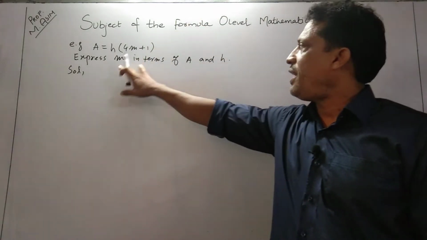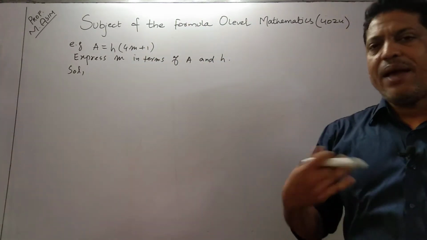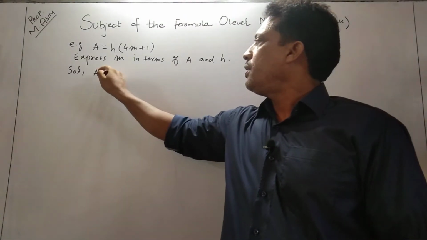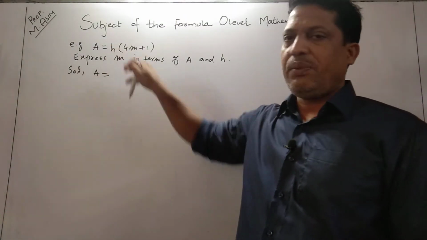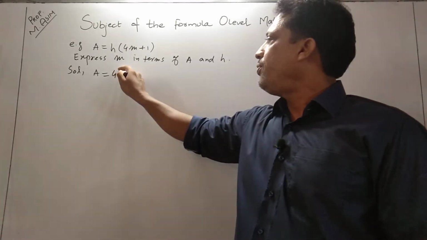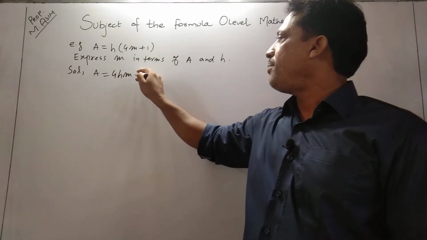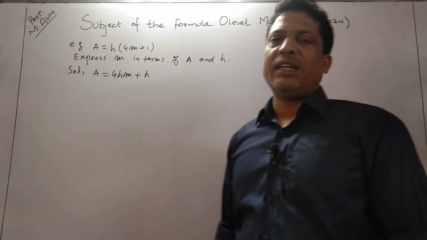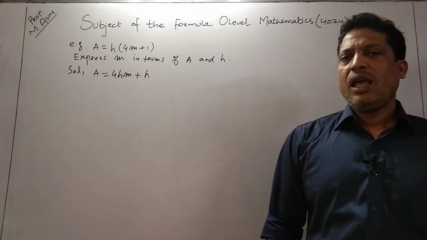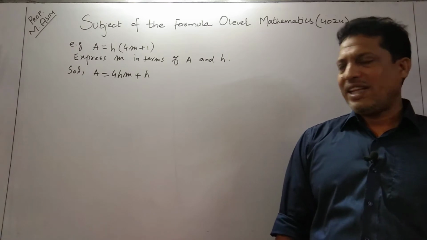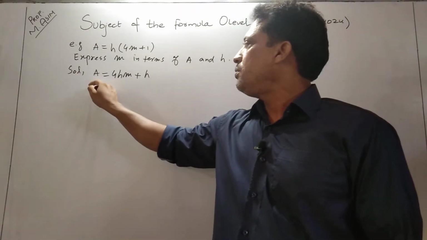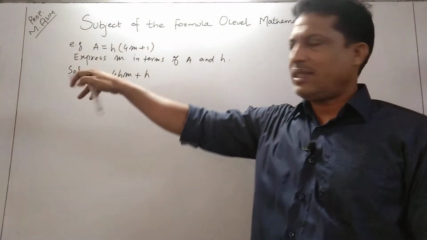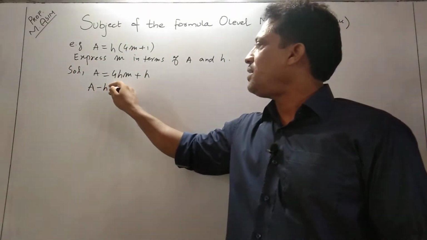m in terms of A and h, we have to make m as the subject of the formula. So A is equals to h multiplied by 4m, 4hm, plus h multiplied by 1. Something multiplied by 1 is always something, so h multiplied by 1 is h. Now shift h on other side, it becomes minus h.